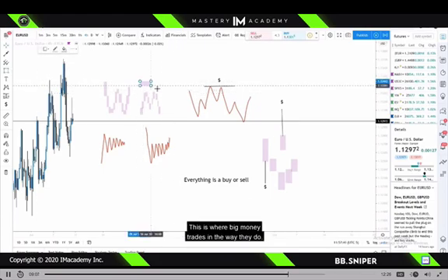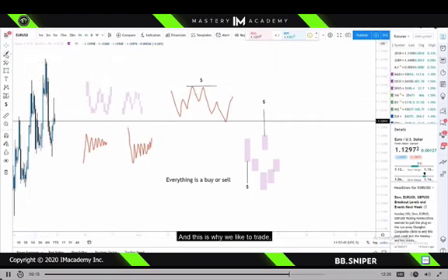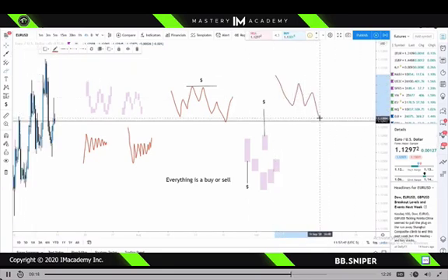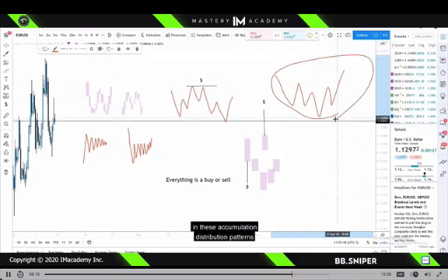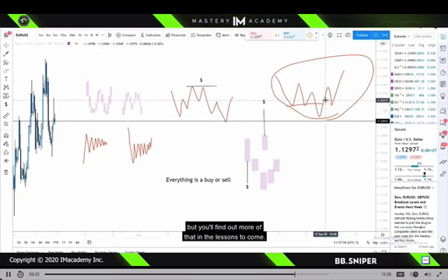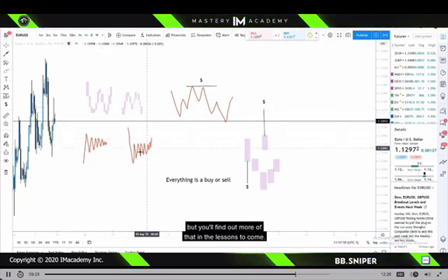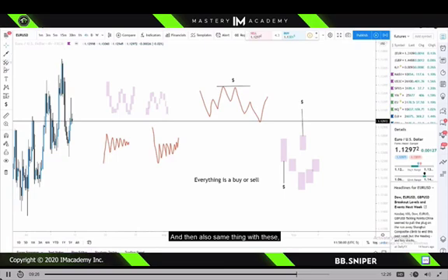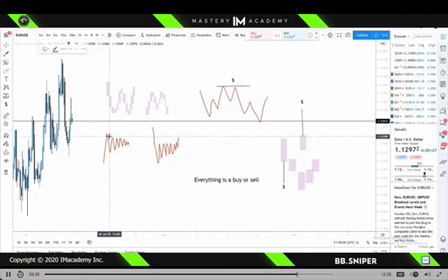So find liquidity. This is where big money trades in the way they do, and this is why we like to trade in these accumulation distribution patterns when they take out liquidity, and we trade here. But you'll find out more of that in the lessons to come. And then also same thing with these rising wedges, falling wedges, triangles.